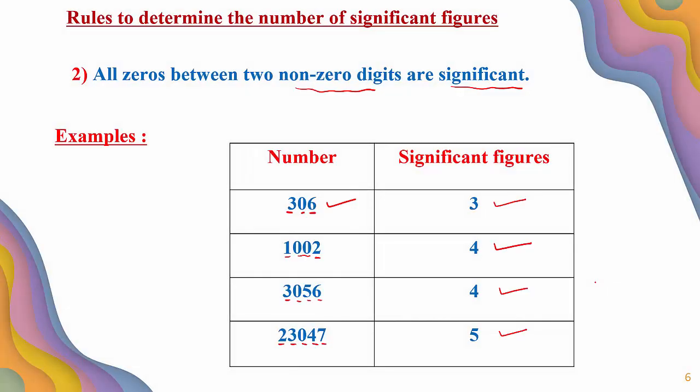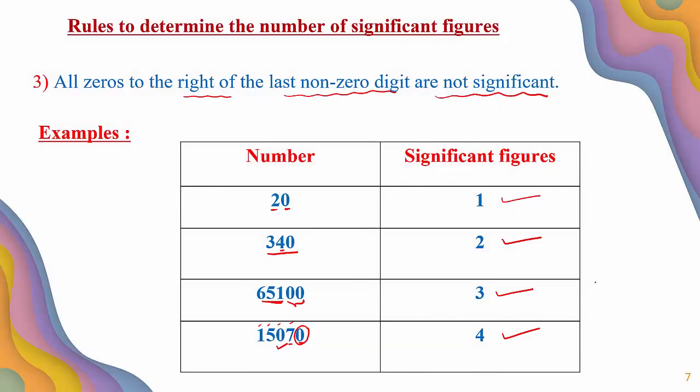Second rule, all zeros between two non-zero digits are significant. We can consider 0 as significant, but that 0 should lie between two non-zero digits. Then third rule, all zeros to the right of the last non-zero digit are not significant. In 20, the 0 is on the right side, it is not significant.